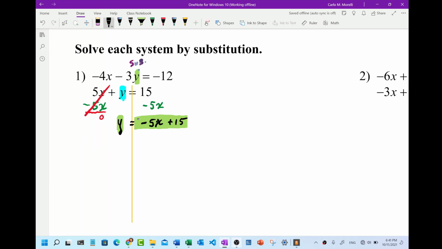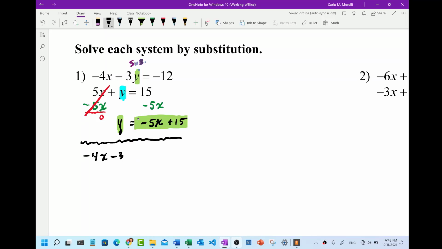Okay, so let's do that now. We're going to perform the substitution. So we'll do -4x minus 3. Let me get rid of this line for a second.